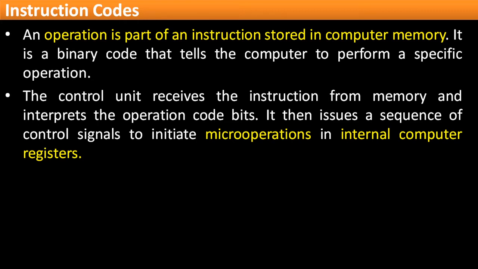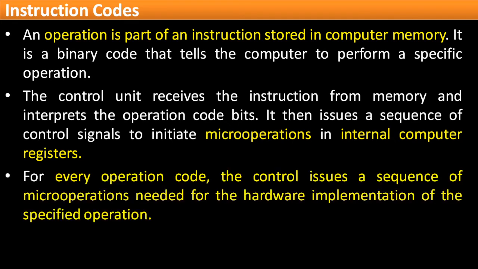Now to perform a certain task, there may be a different sequence of events that will take place in order to perform that particular task. We can call those micro operations, carried out with the help of the internal registers of the computer. For every operation code, the control issues a sequence of micro operations needed for the hardware implementation of the specified operation.